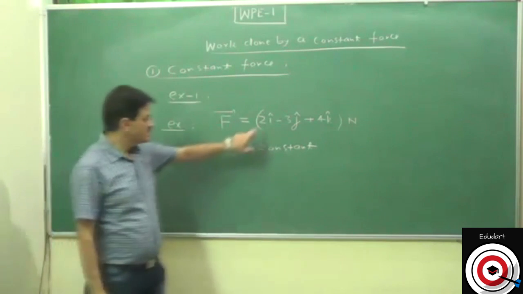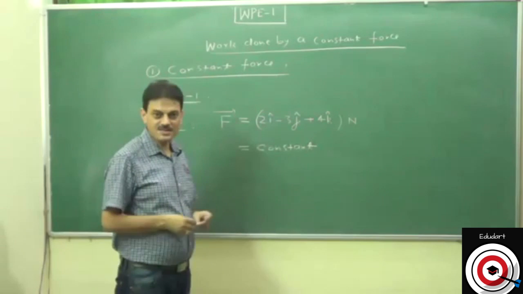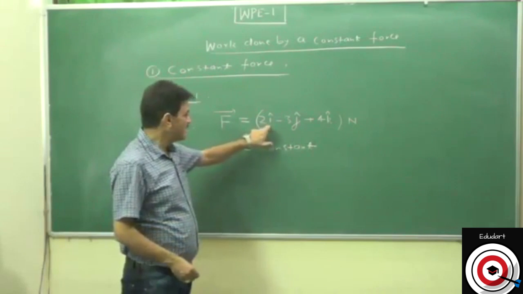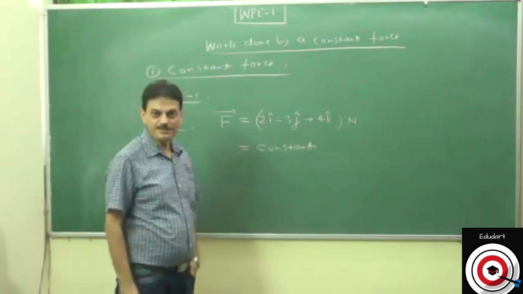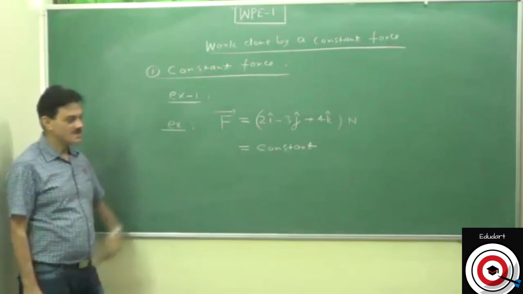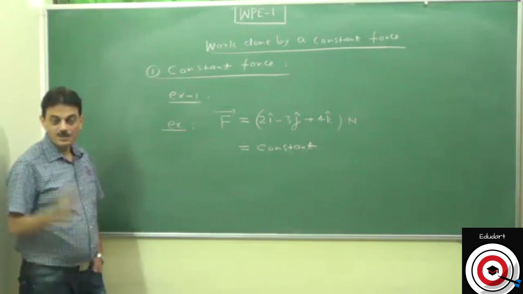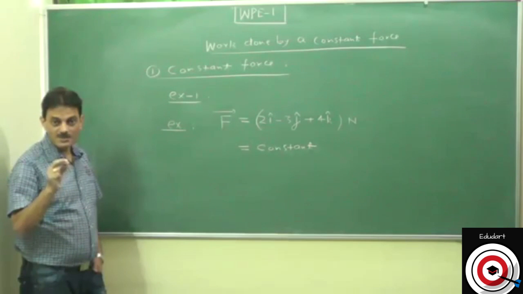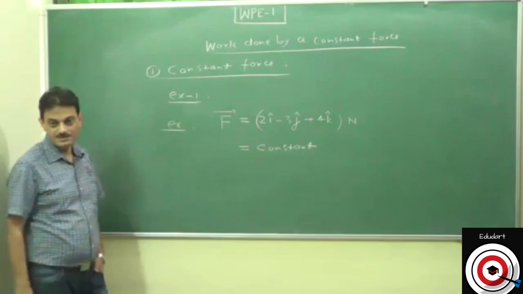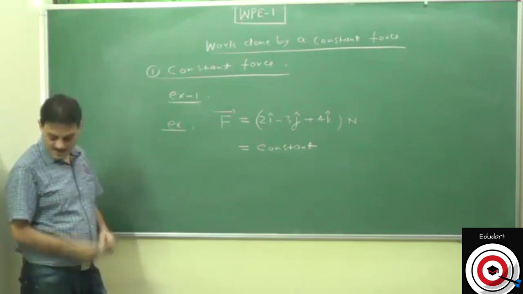Reason being, 2, minus 3 and 4 are constants, and i cap, j cap and k cap are constant unit vectors. So this force is also a constant force. So first of all, you have to identify a constant force. Now come to the second point.